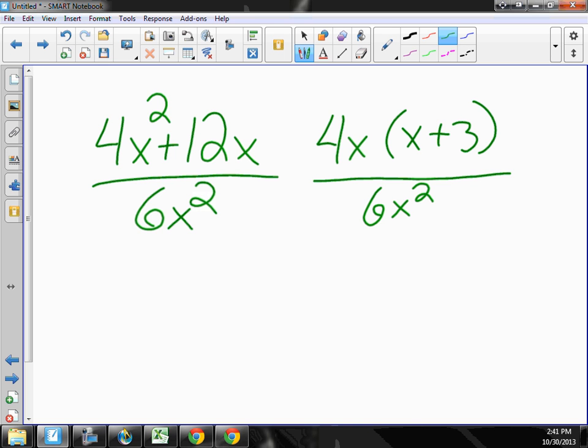Well, this is really 2 times 2, and this is 2 times 3. So I can cancel a 2 and a 2, and I can cancel an x and this x. So the denominator is 3x.